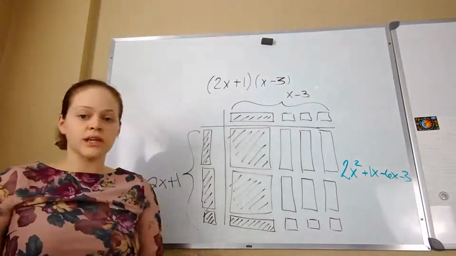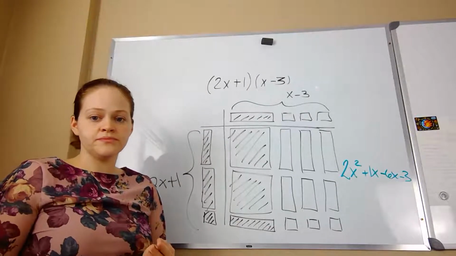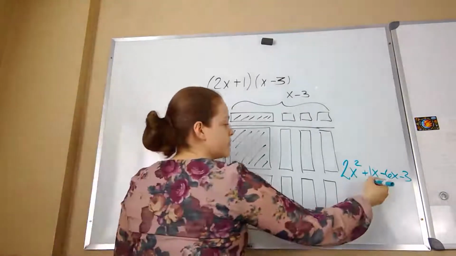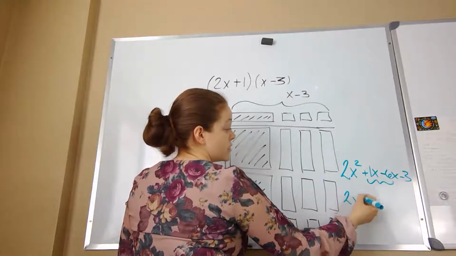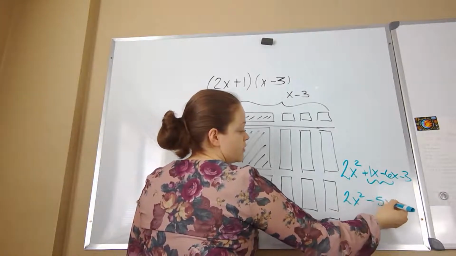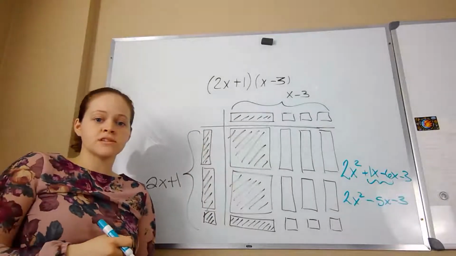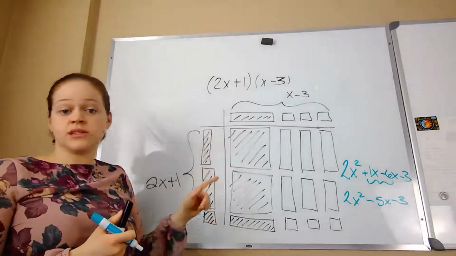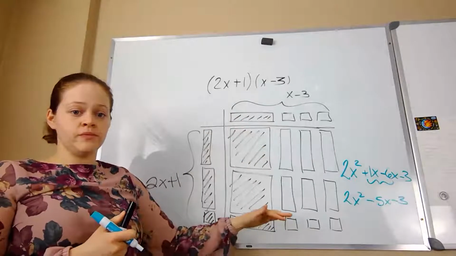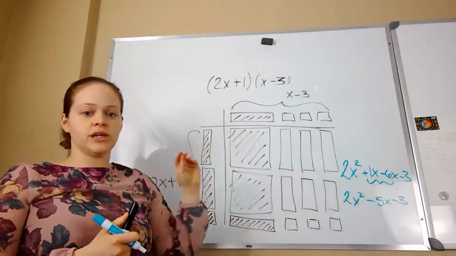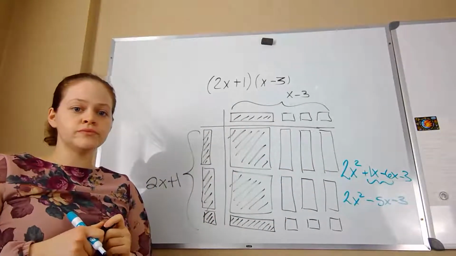Okay, and then just like we did before, we combine them. So 2x squared minus 5x minus 3, right? So when we multiply them through, this is the answer on the inside. You just have to write it over here in algebraic terms.